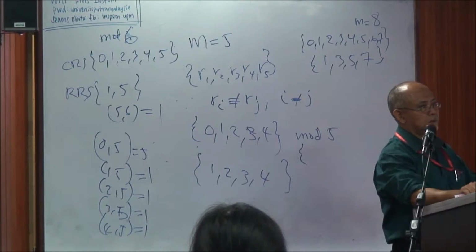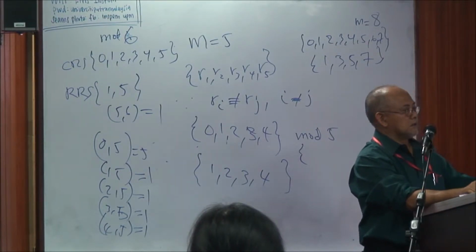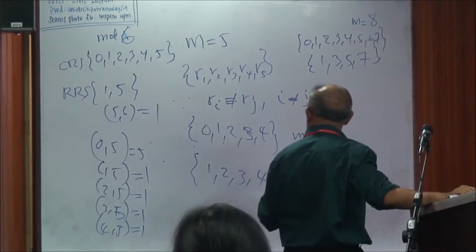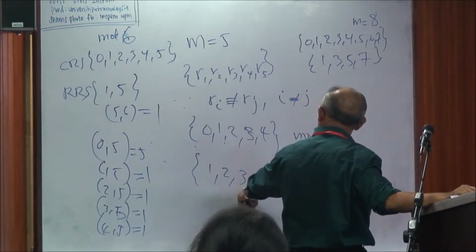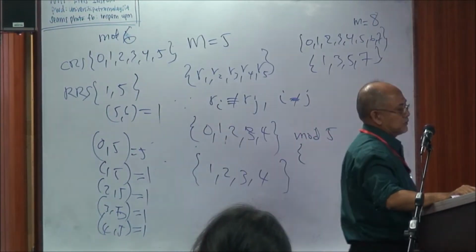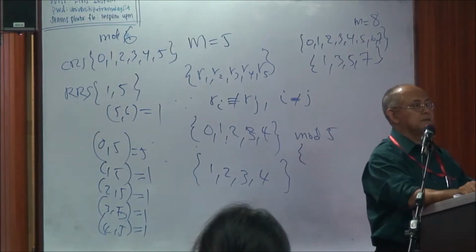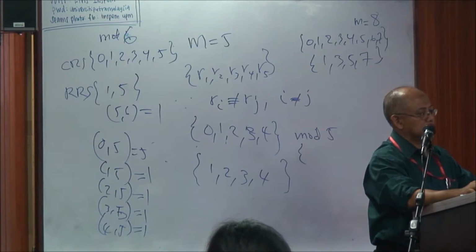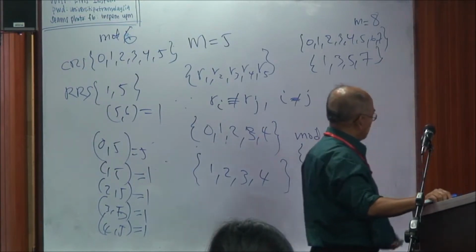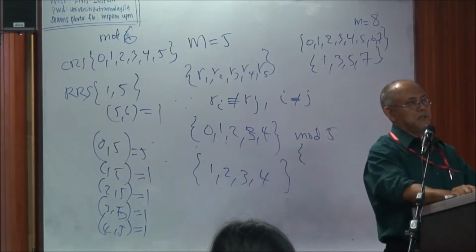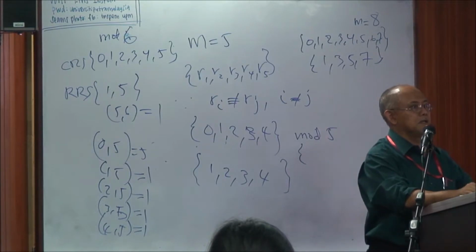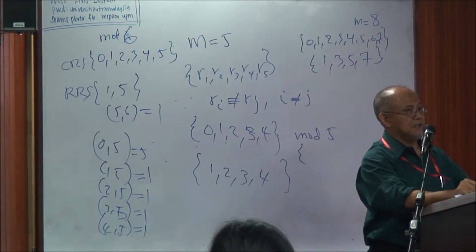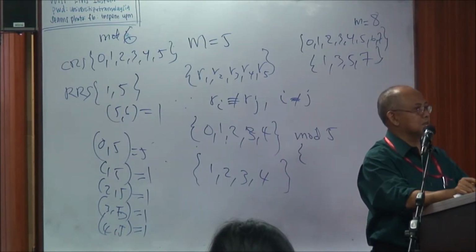We have 4, right? So in modulo 5 we have 4 elements, in modulo 6 we have 2, in modulo 8 we have 4, right? But when we are talking about a complete residue system, how many integers do we have in the set? We have exactly m, right? So that's easy enough.